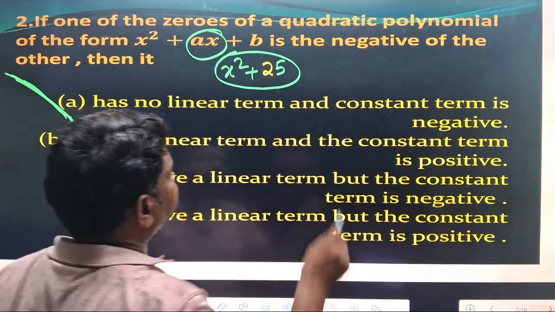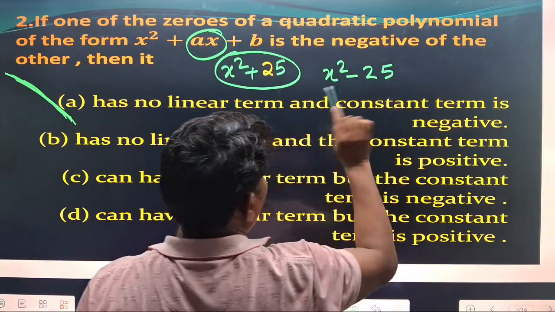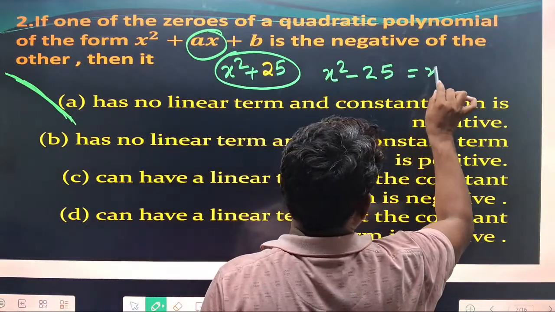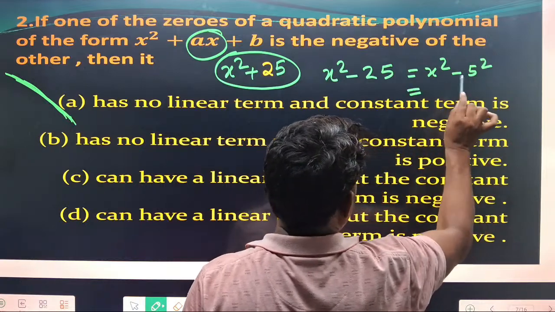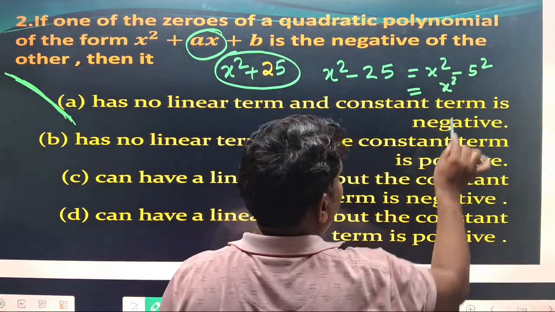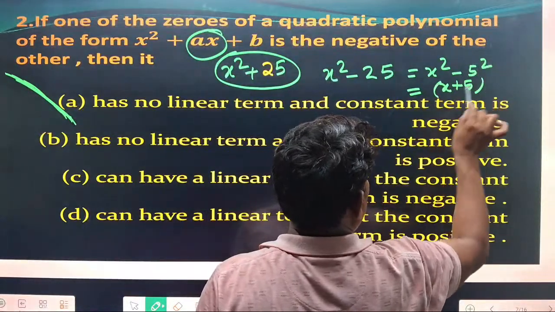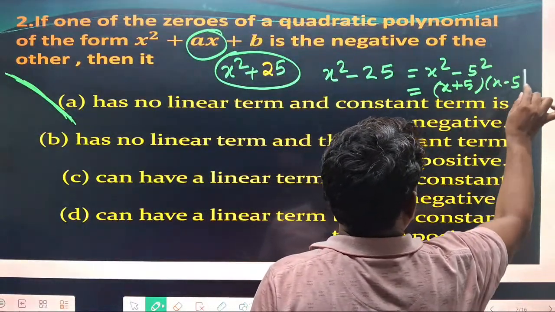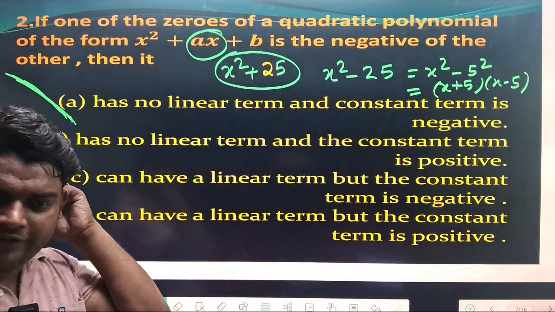So in this case, x square minus 25. Now you factorize it: x square minus 5 square is equal to x plus 5 and x minus 5. These are the factors.